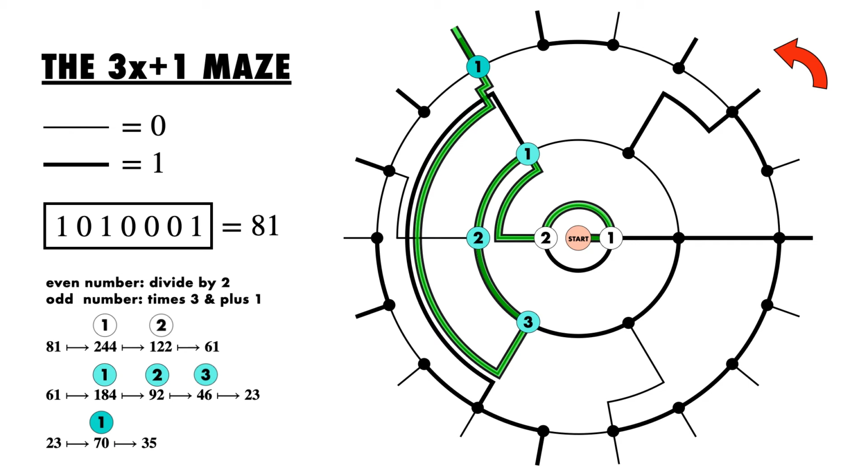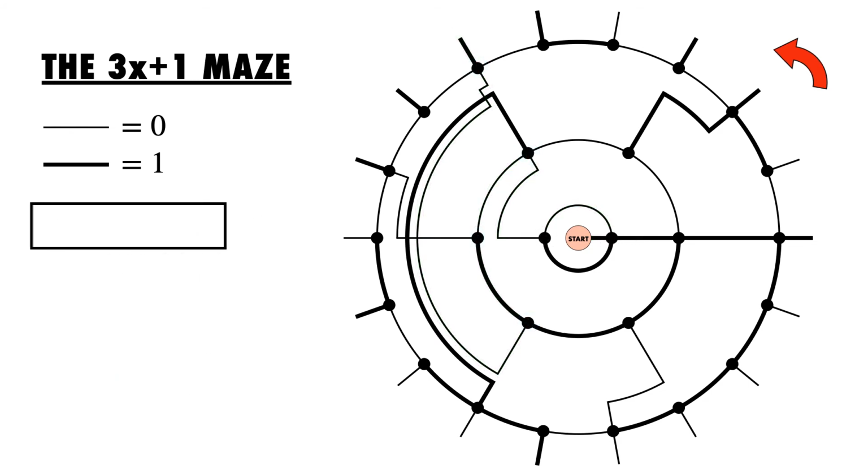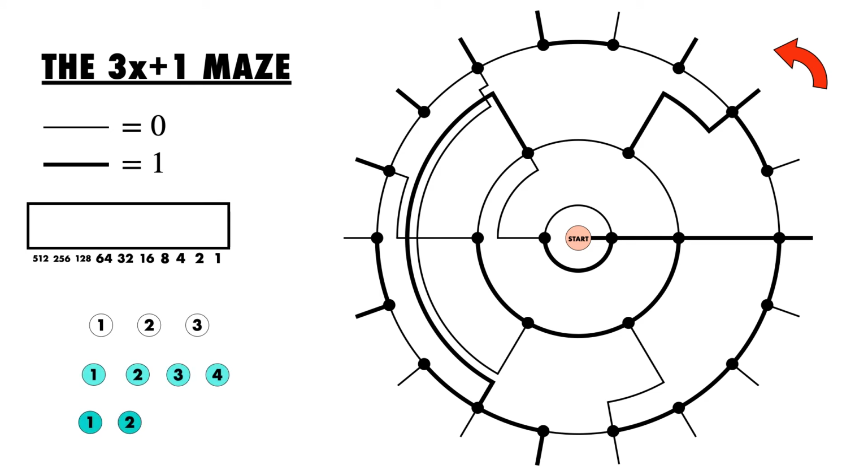So let me give you a second example. This time we're not picking a walk, but we say, okay, let's visit 3 nodes in the first circle, 4 in the second, and 2 in the third. And then we start walking. Okay, we start in the center, go to the first circle, a 1, thin line 0, thick line 1, and we keep on going, visiting the same node again before leaving the first circle.